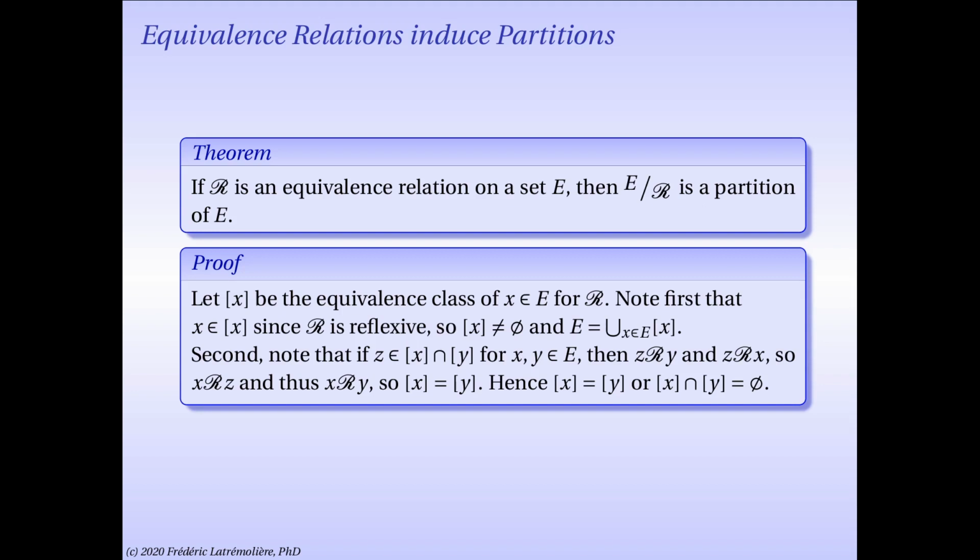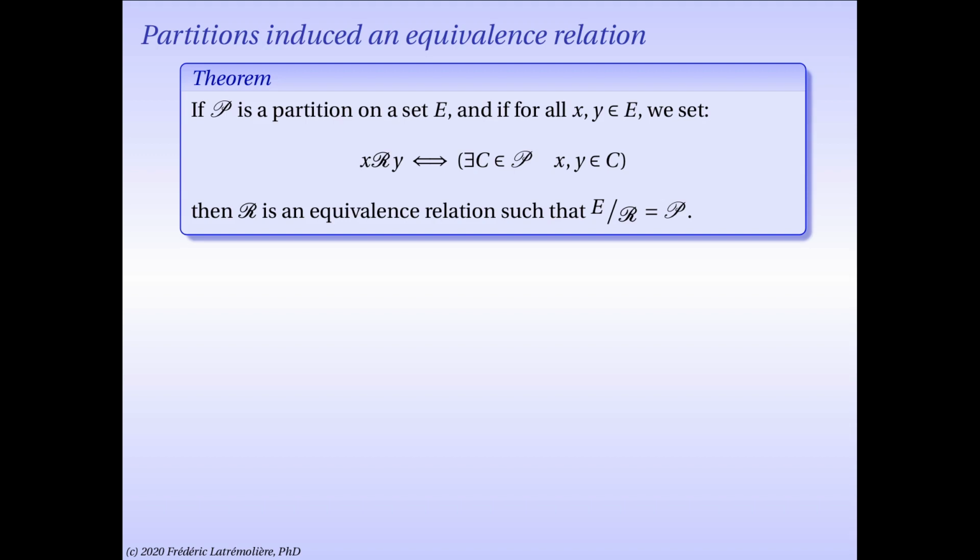And since z is in the equivalence class of y, z is equivalent to y. So we have x equivalent to z, and z equivalent to y. By transitivity, x is equivalent to y, and we have just proven that this means the equivalence class of x equals the equivalence class of y. So indeed, equivalence classes are either equal or disjoint, and this proves that the quotient set is indeed a partition.